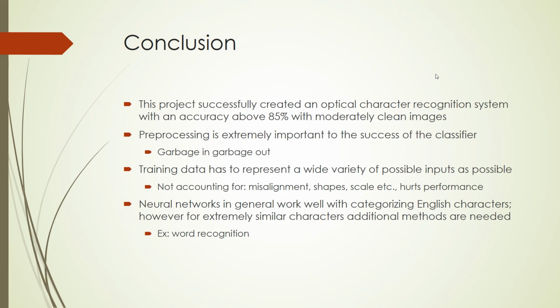Like I said, a lowercase l and uppercase I, even humans can't distinguish between the two with just that character. So having an extra system such as word recognition, where now you're looking at groups of characters and how that fits a given set of words, can really help to find and correct the errors that are occurring.